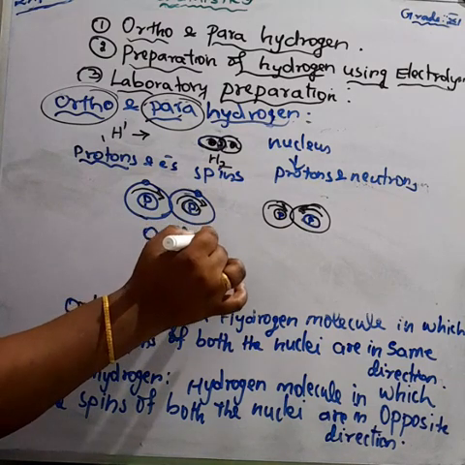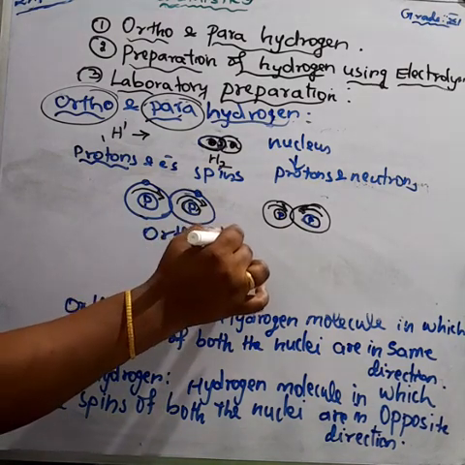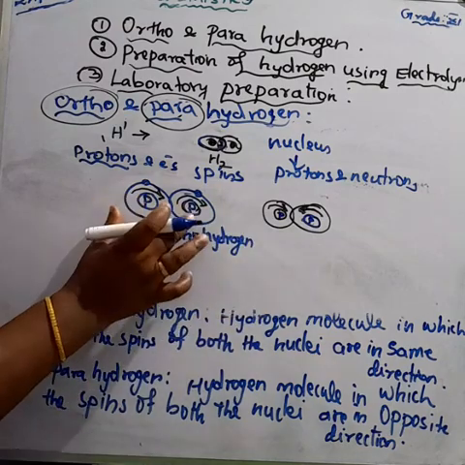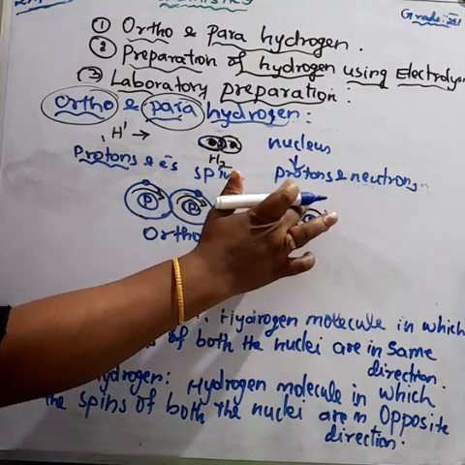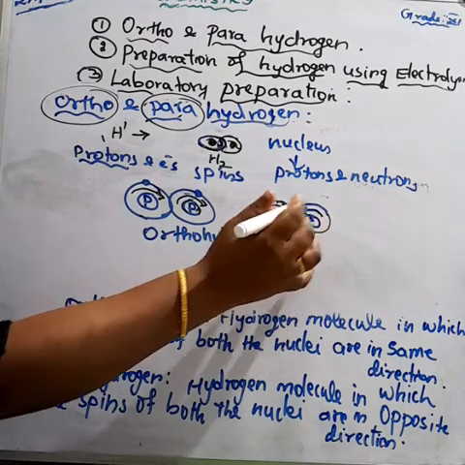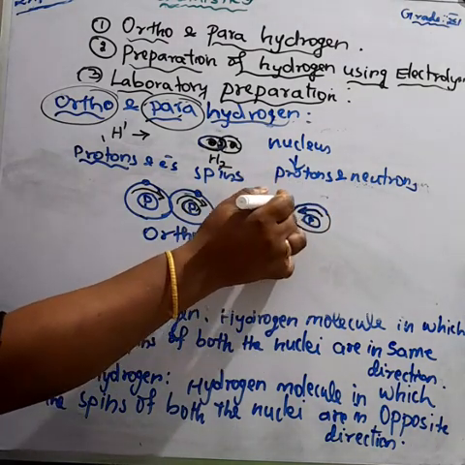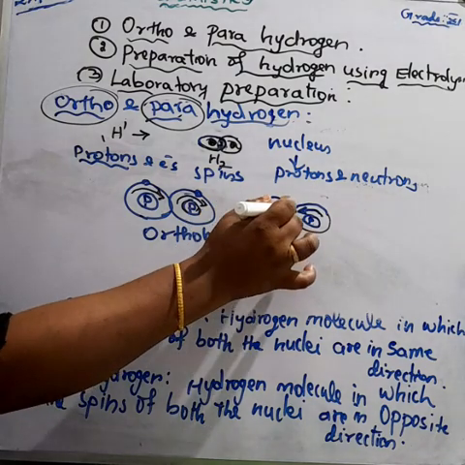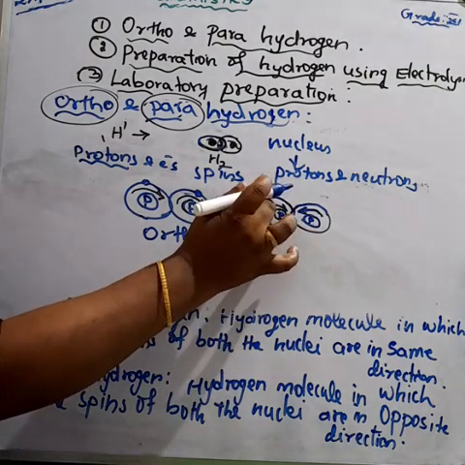If the protons in the nuclei of the hydrogen spin in the opposite direction, that is called parahydrogen.